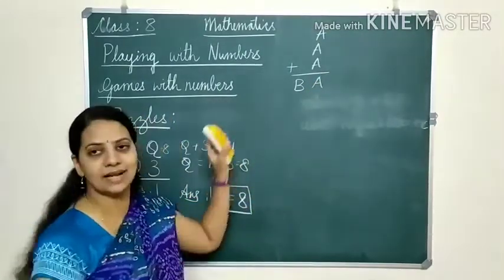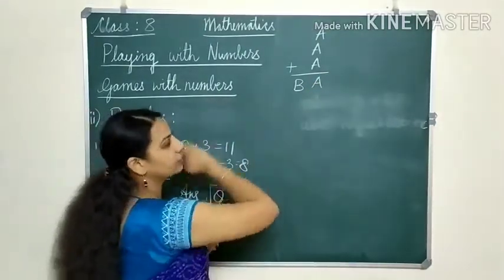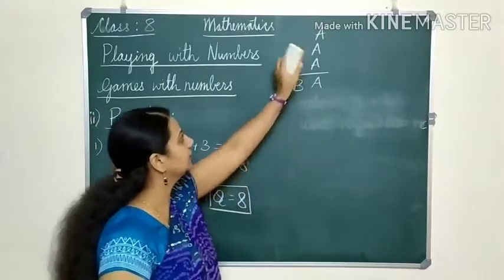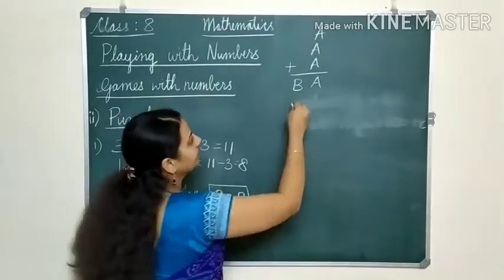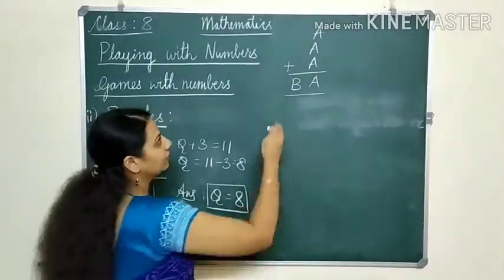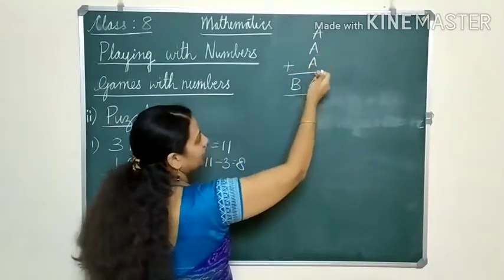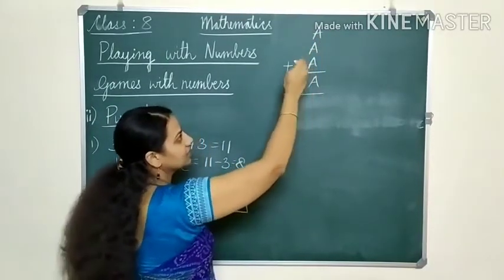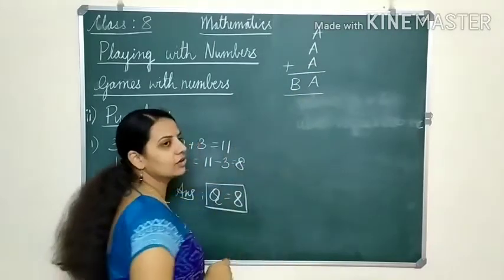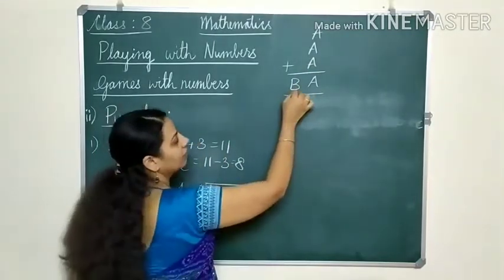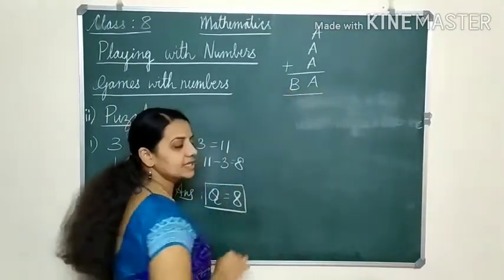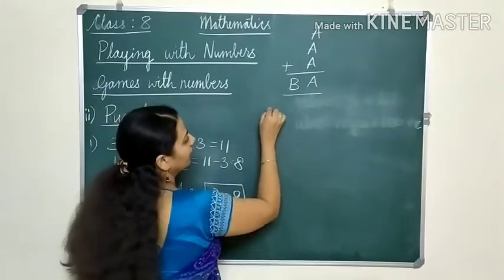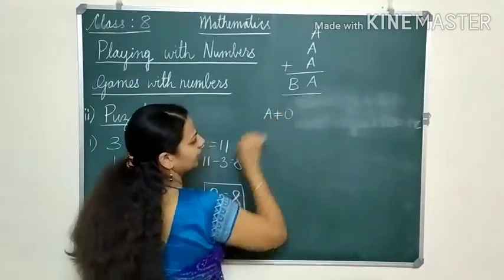Now consider this example. How do we solve? Here you don't have any digits, all alphabets. Now if you consider A as 0, then all this will become 0, but B we cannot find out. B cannot be 0 because B is different, A is different. So we cannot take A as 0.